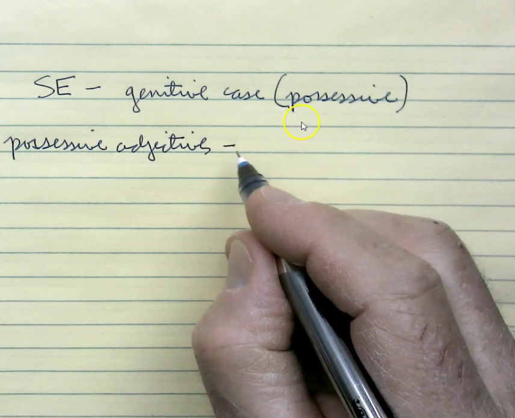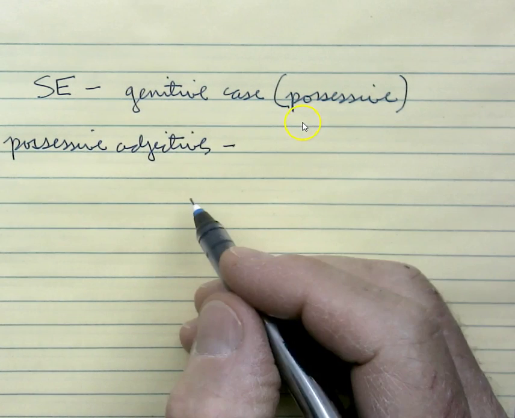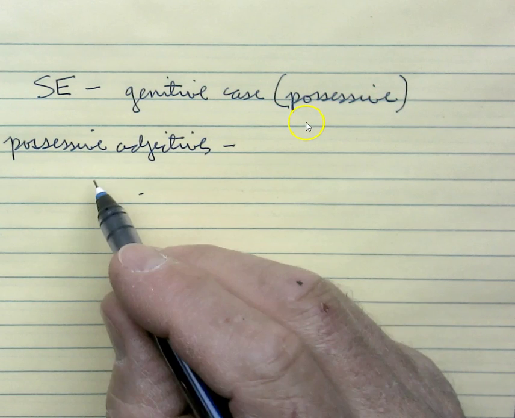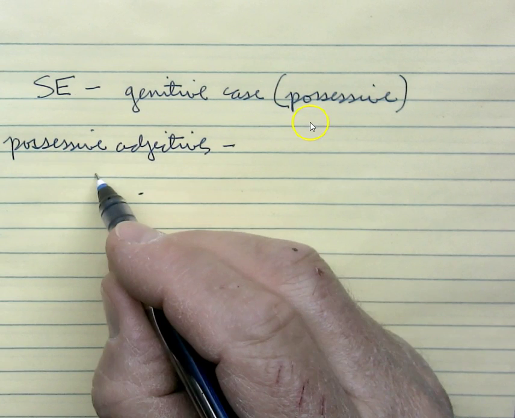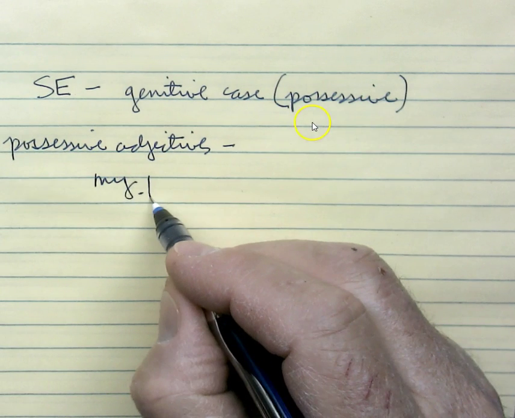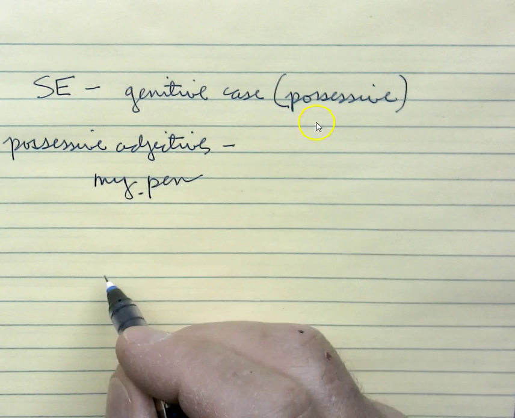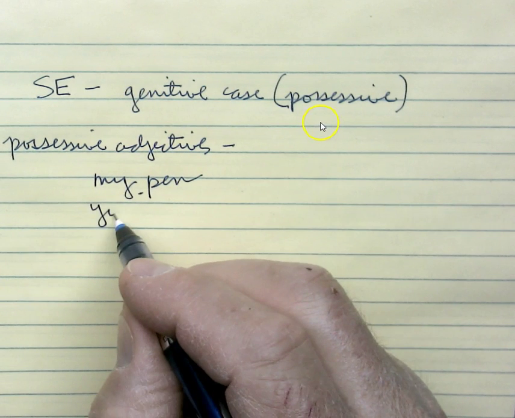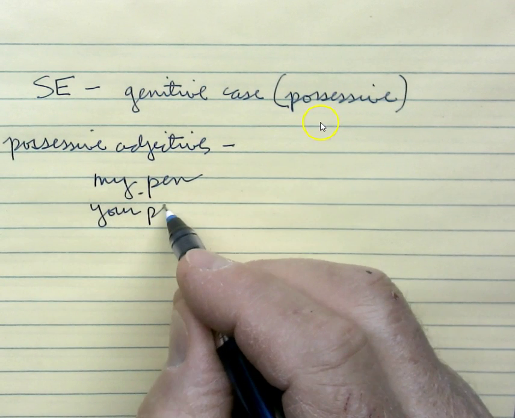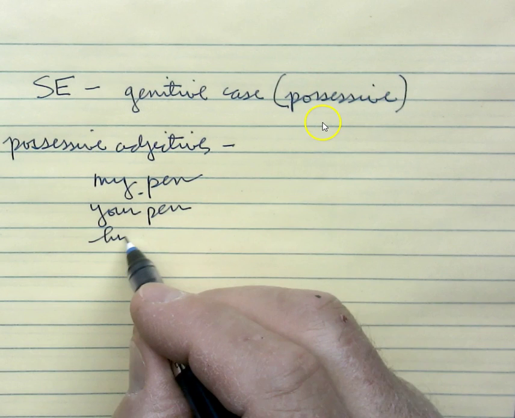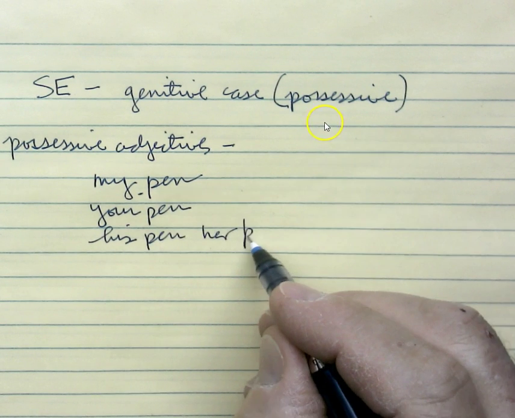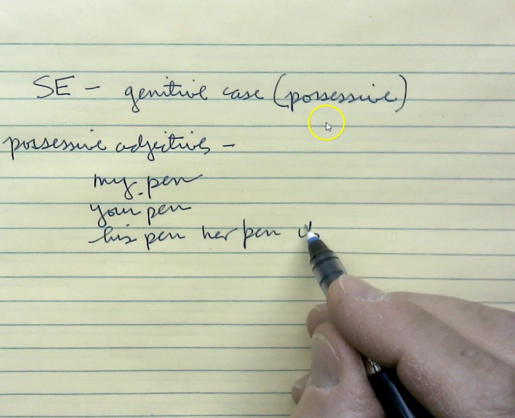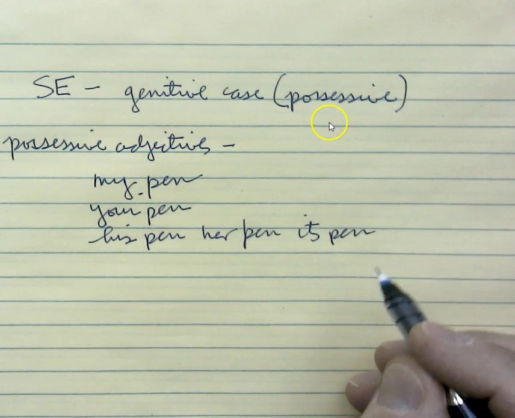adjectives. And possessive adjectives are like adjectives because they come before the noun. Like, for example, my pen, your pen, his pen, her pen, its pen.